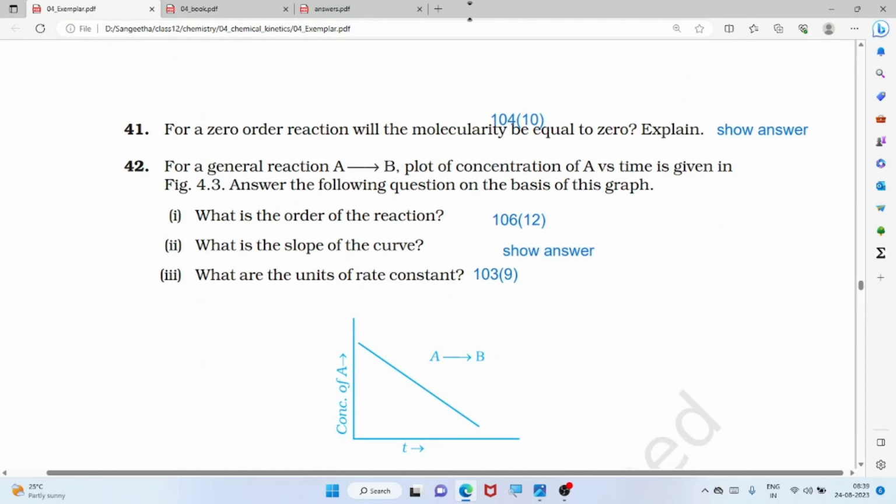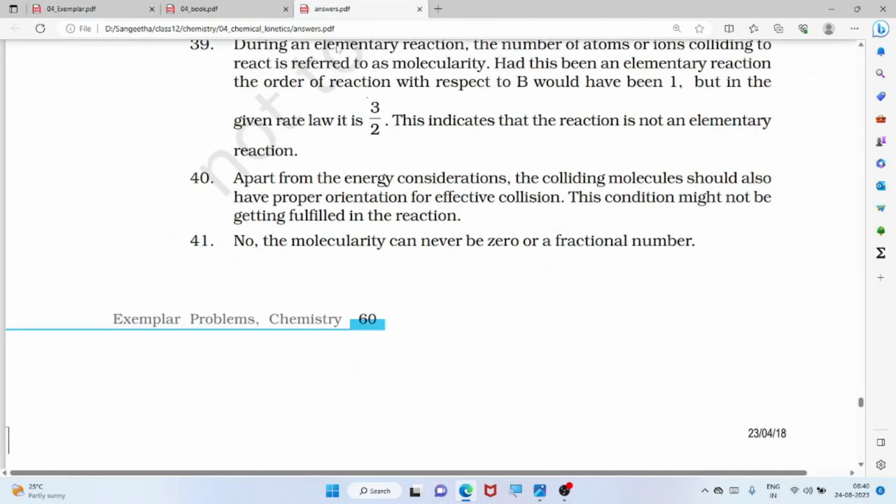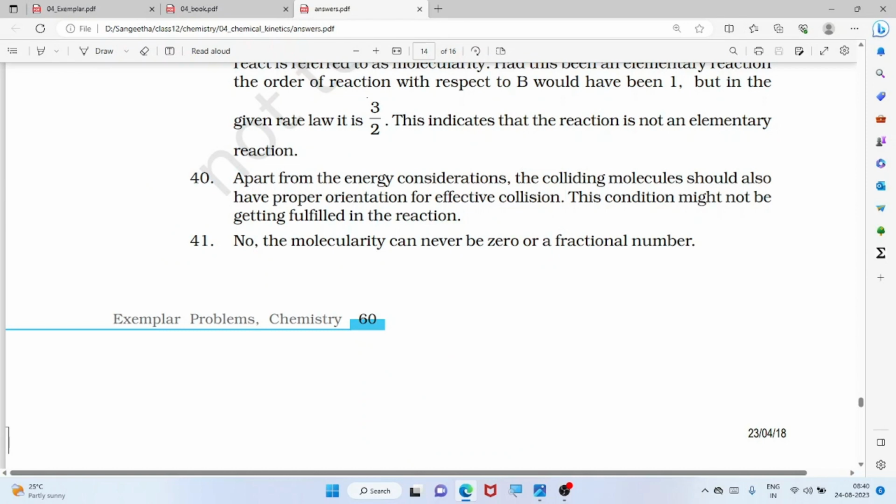For a zero order reaction, will the molecularity be equal to 0? No, molecularity can never be 0. That means the reaction won't be there with 0 molecules. 41.